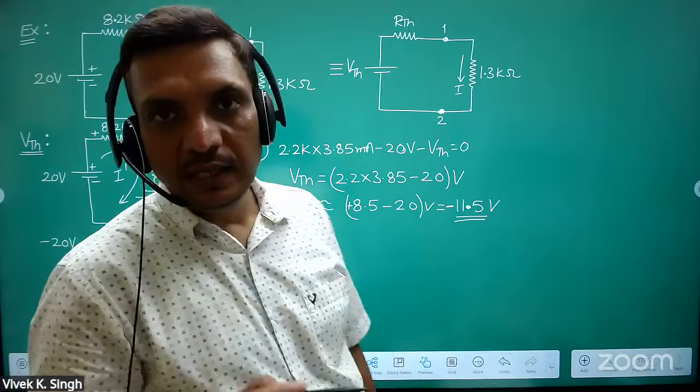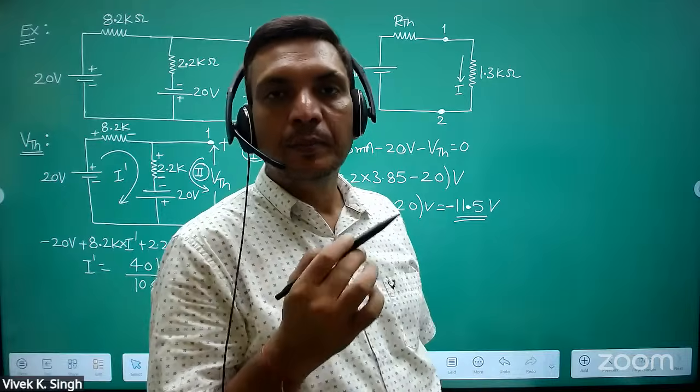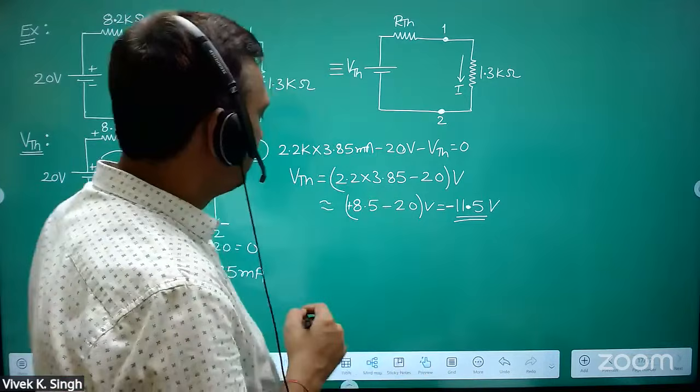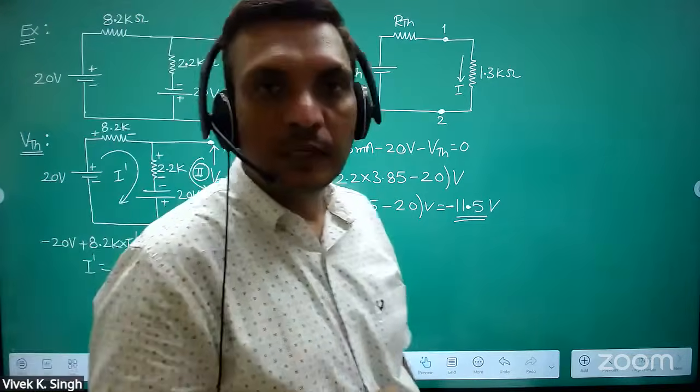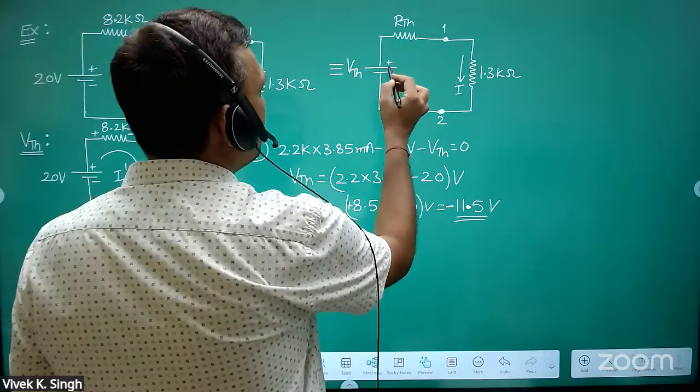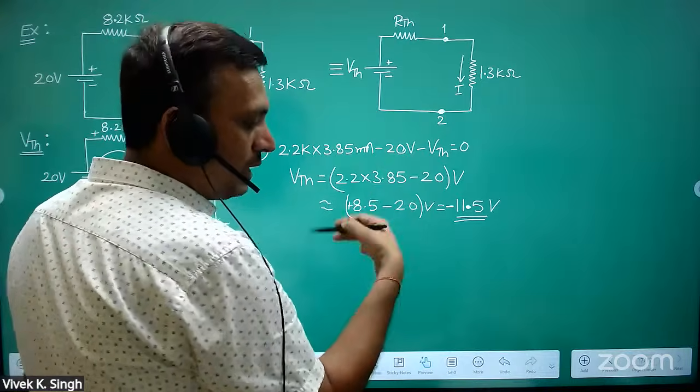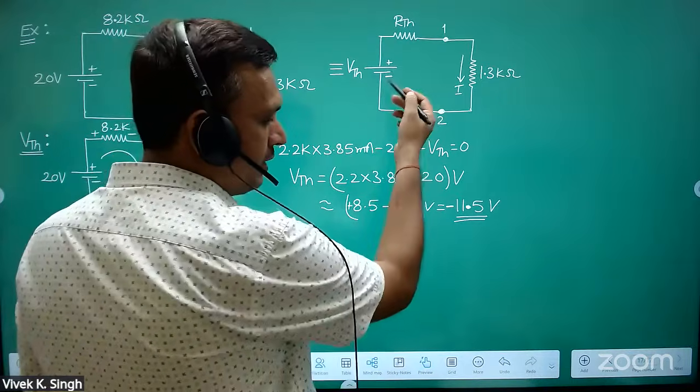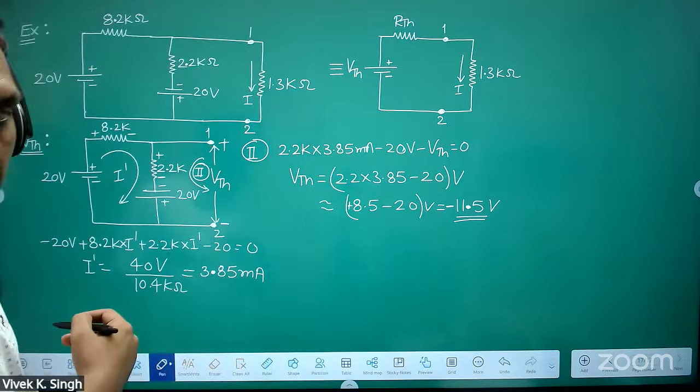Now we have to see what we mean by the minus value. Till now we have calculated VTH to be positive. When VTH is positive, you have this polarity. But when VTH is negative, you have to change the polarity. Clear?